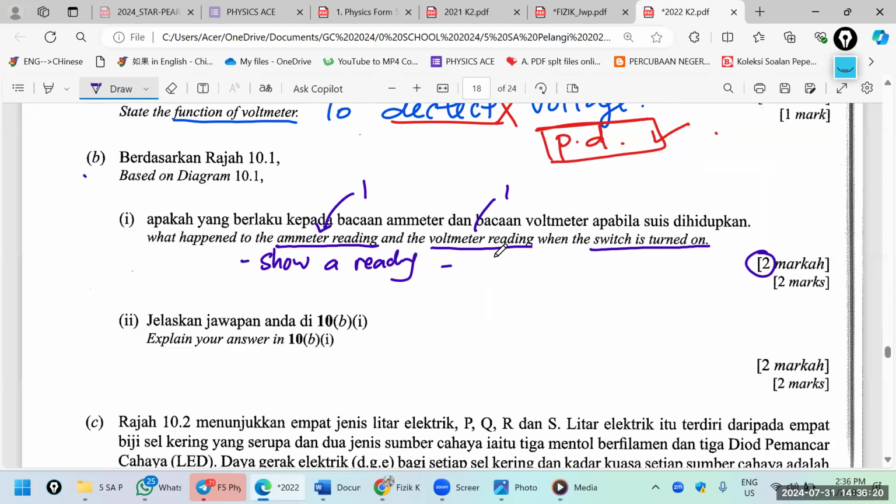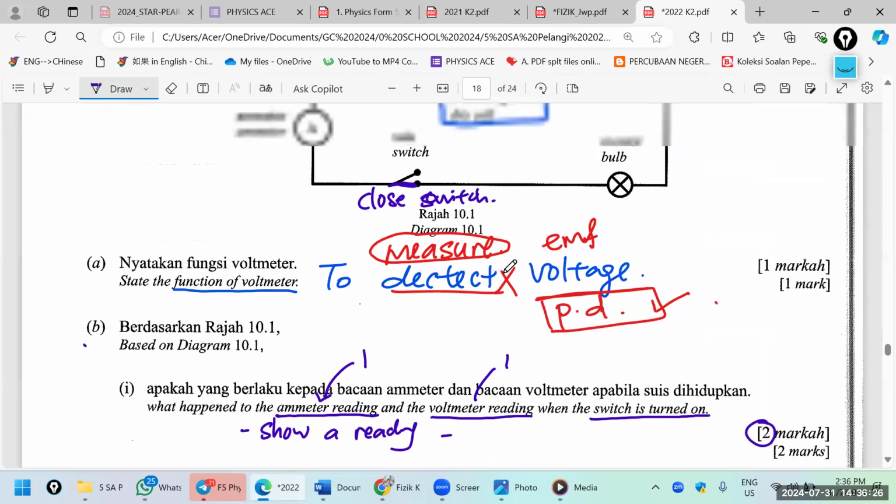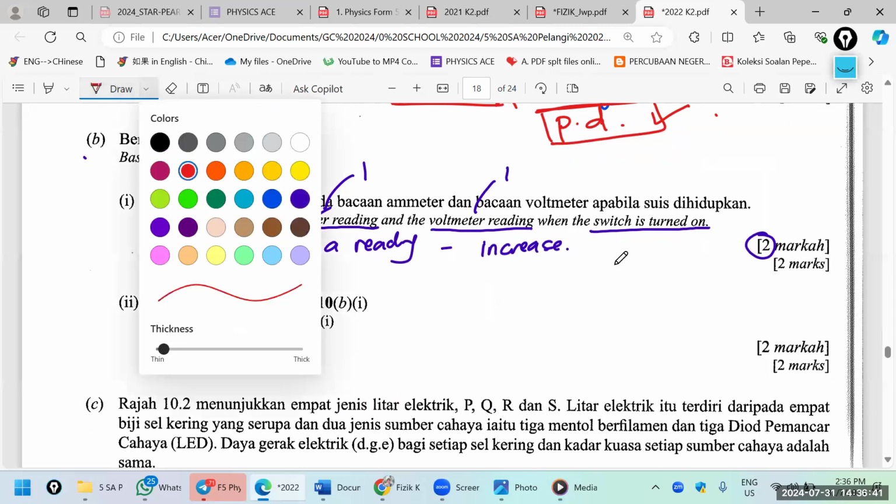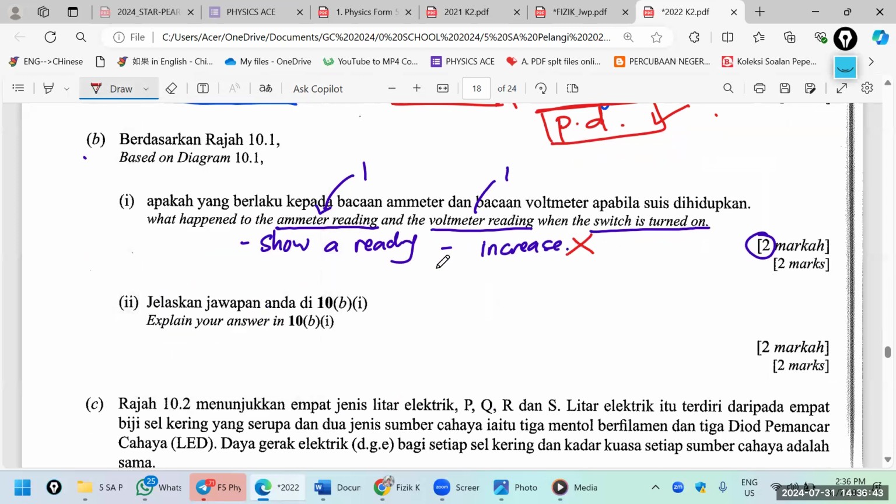Voltmeter, what? Voltmeter reading how? Increase. If you write increase, then I'm so sorry, you get it wrong, because the voltmeter reading should decrease.